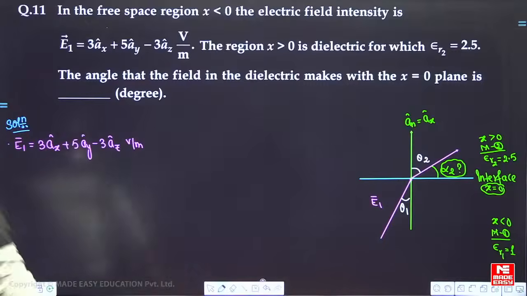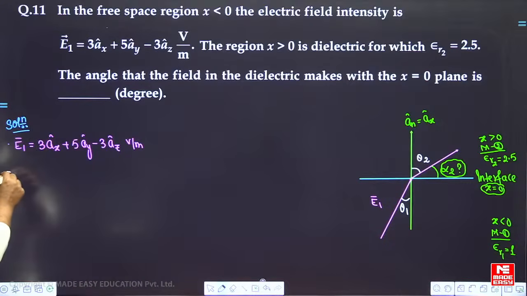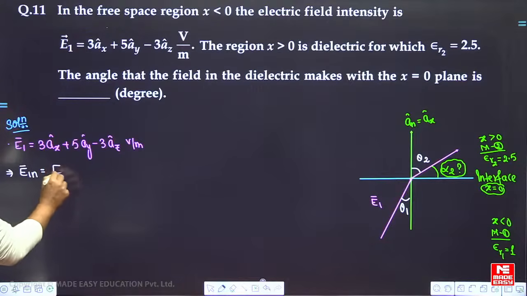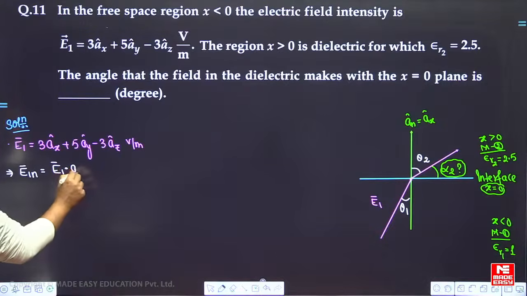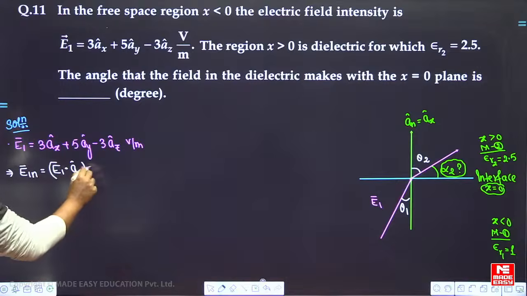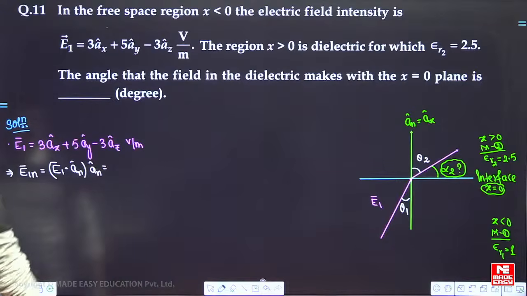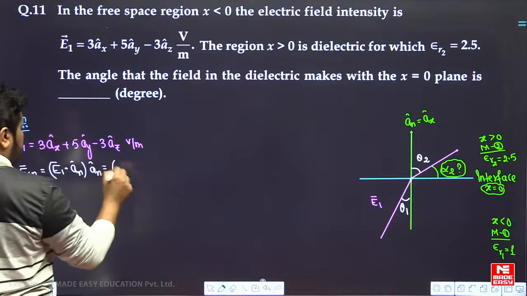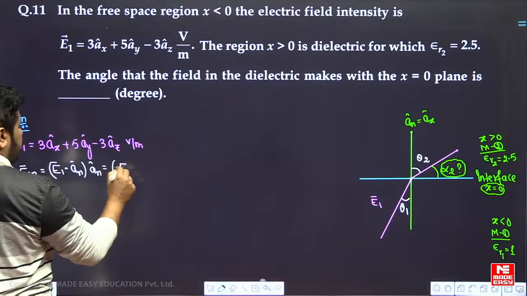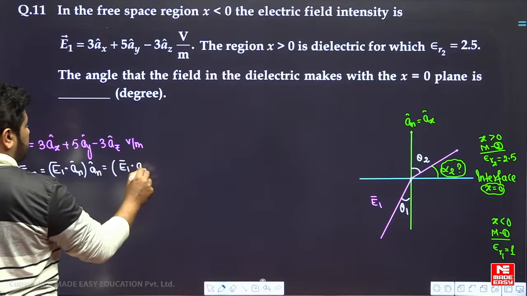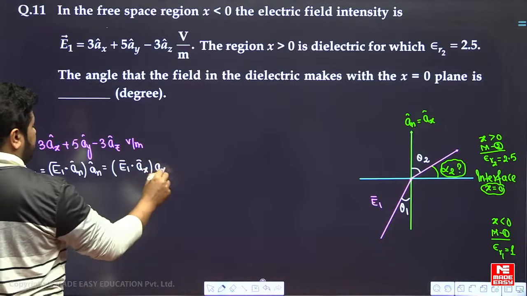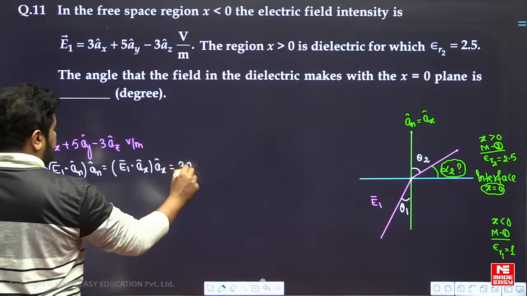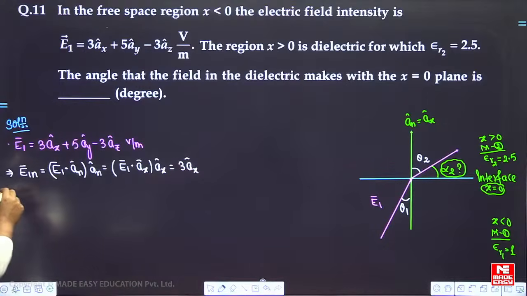Now here E1 vector is given. So from here what will be your E1 n vector? E1 n vector will become E1 dot an in the direction of an cap, right? So E1 dot an, here normal is nothing but your ax, so E1 dot ax in the direction of ax, so this is equal to thrice ax, right, okay. So what will be your E1t then?